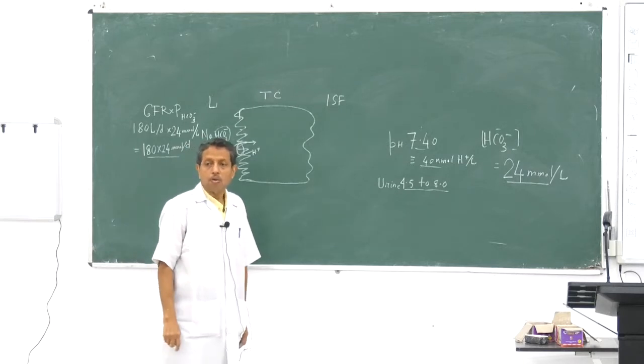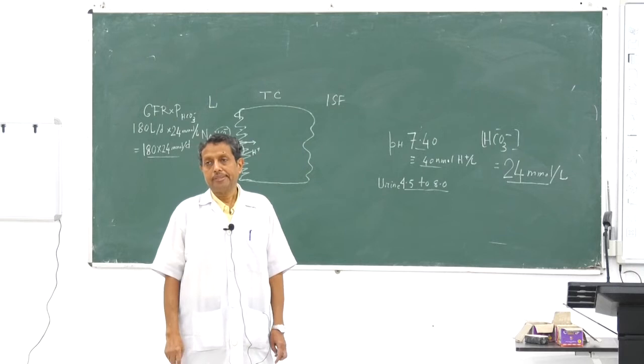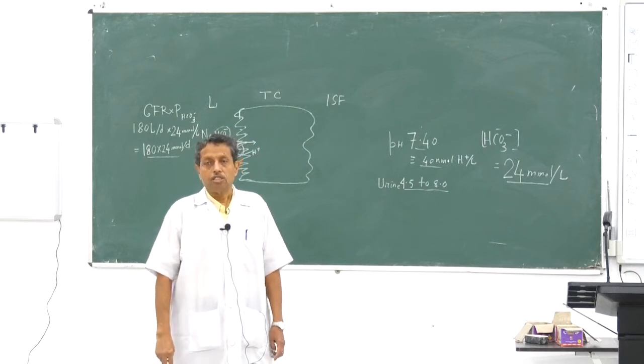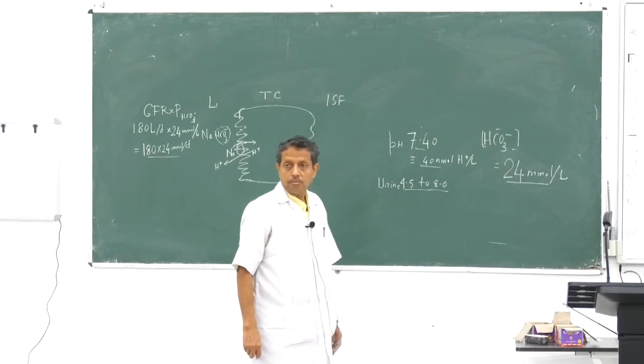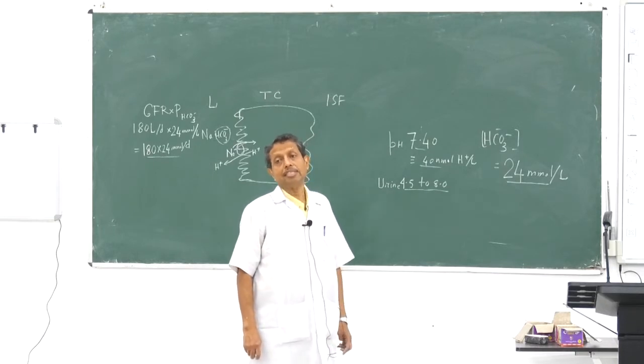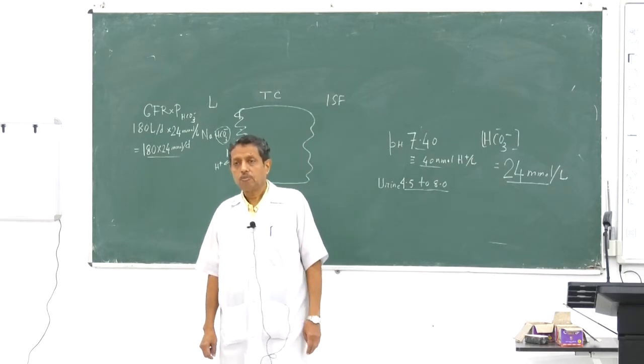And this almost all is reabsorbed. Normal urine pH is in between this, and normally it is acidic, average 6.8 or so.